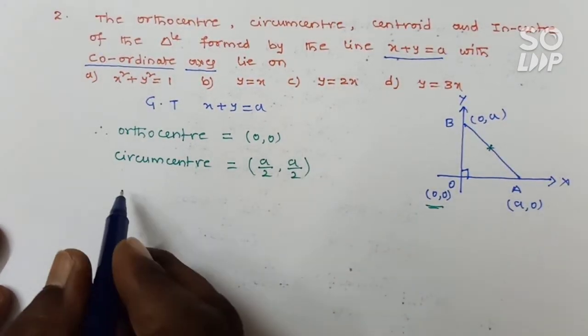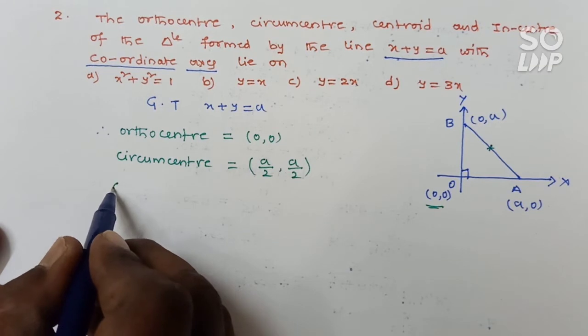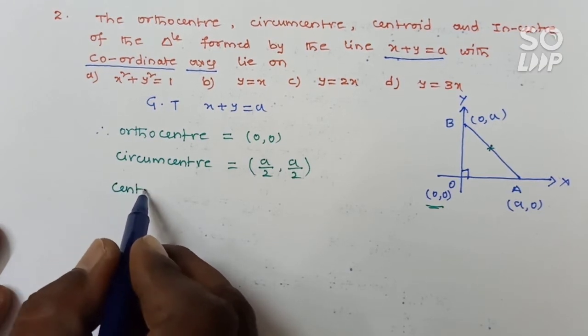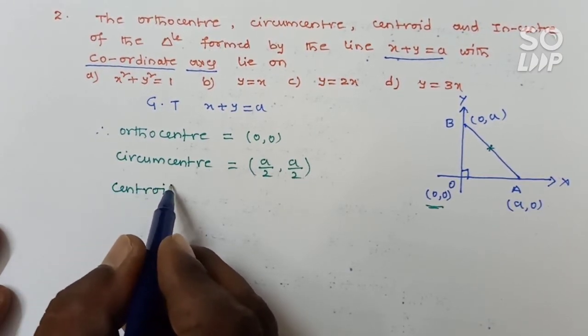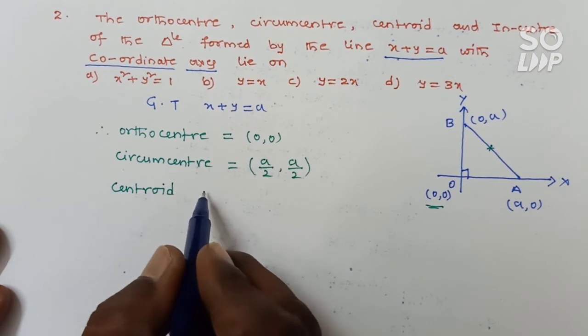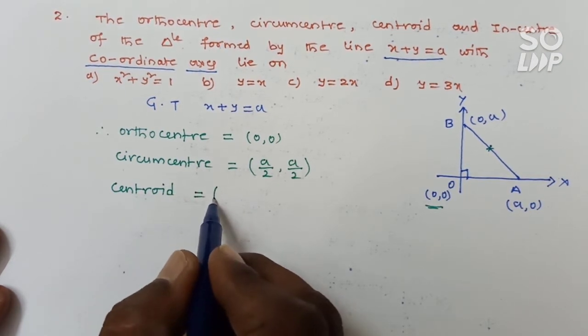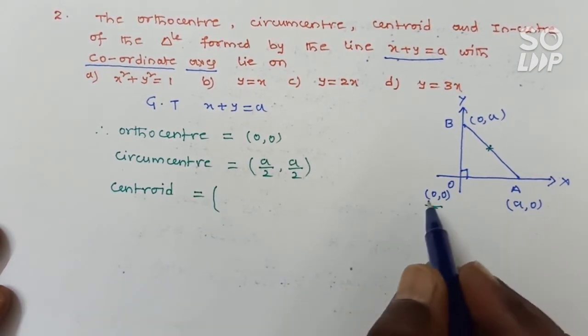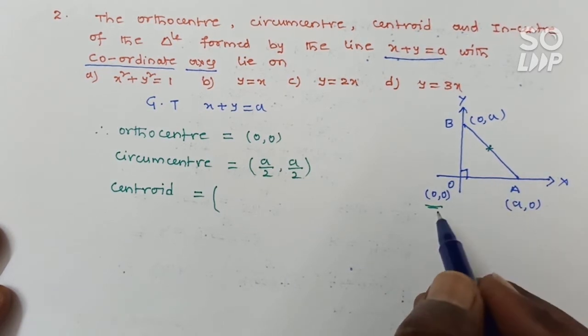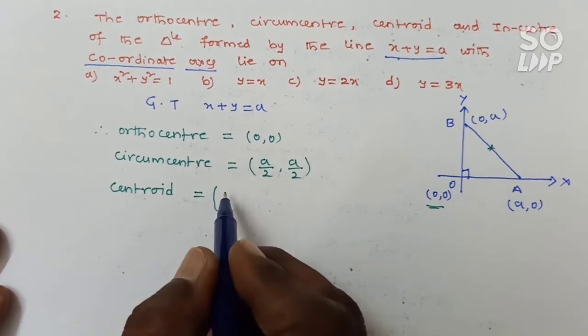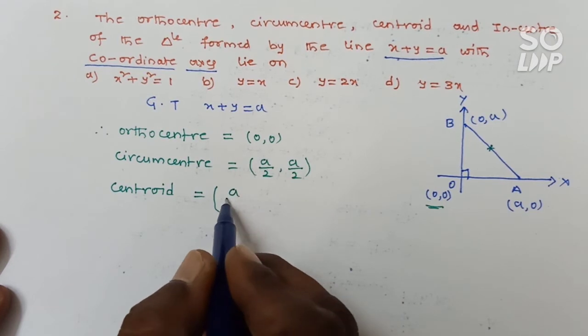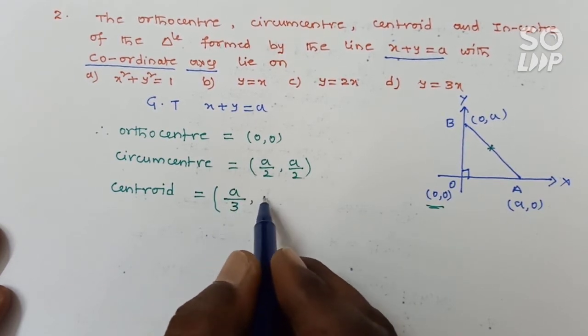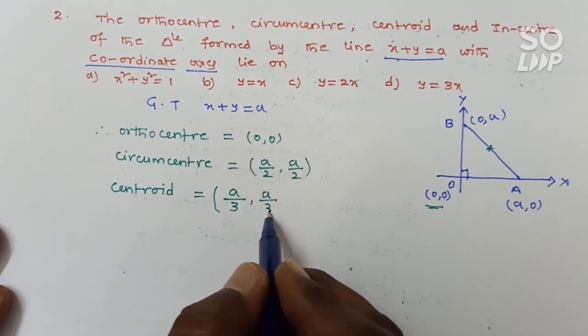And next one is the centroid. Centroid is equal to, you know the formula, sum of the x coordinates by 3 comma sum of the y coordinates by 3. That means you will get a by 3 comma a by 3.